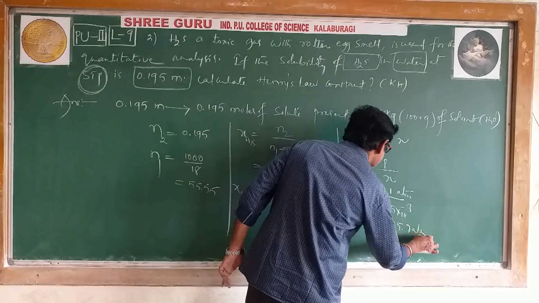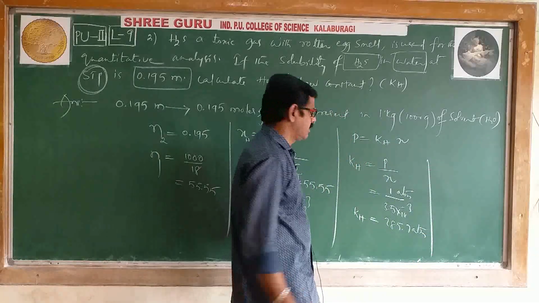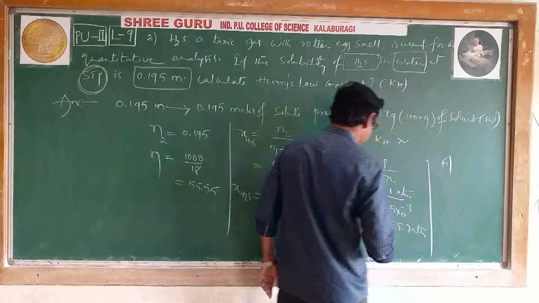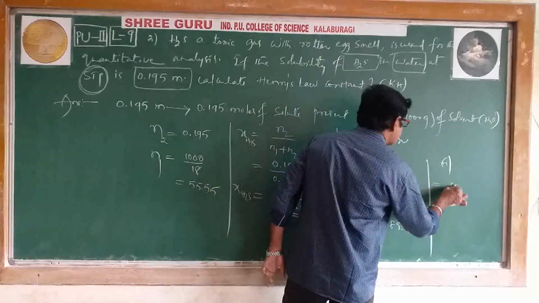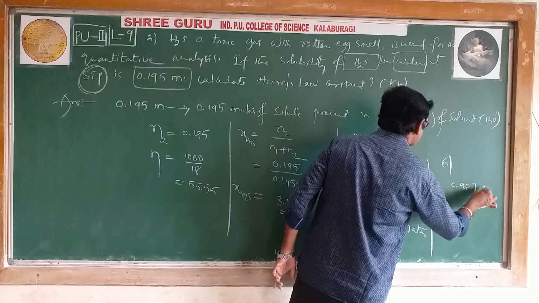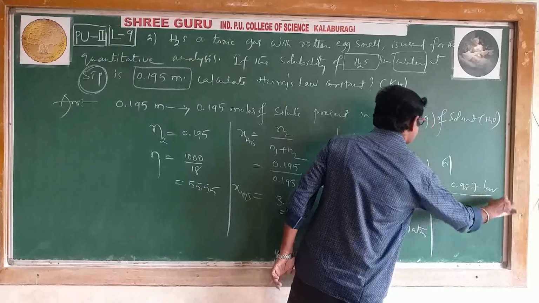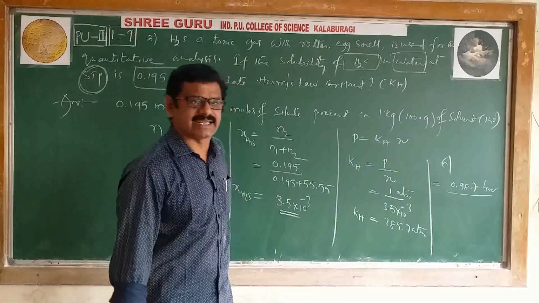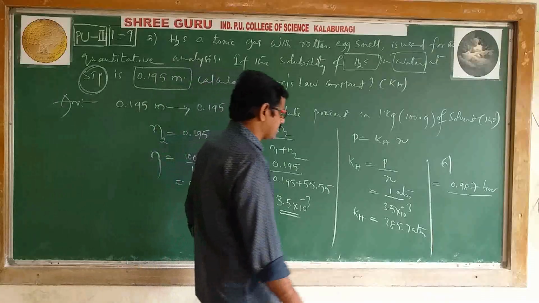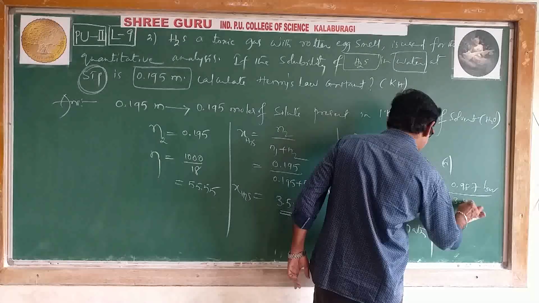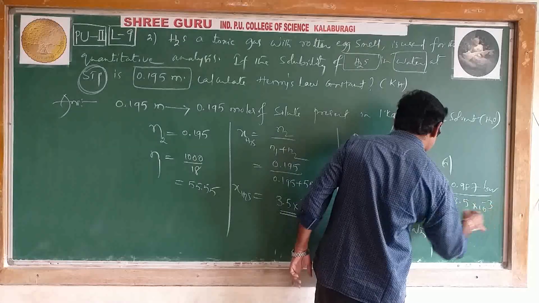285.7 atmospheres you will get. Or suppose here, instead of atmosphere, 0.987 bar if you write, because 1 atmosphere is equal to 0.987 bar, divided by again 3.5 into 10 to the power of minus 3.